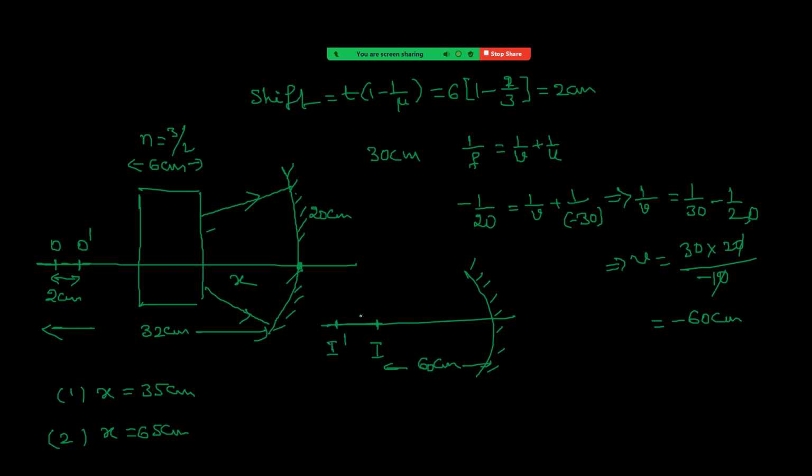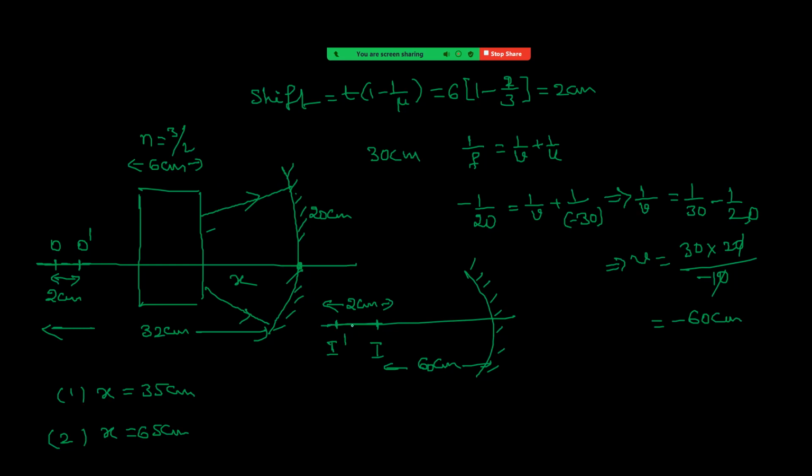So take it as I dash, and this shift is equal to 2 centimeter. That means finally the image will be real because of the converging beam. We have just discussed, right? If a converging beam falls on the slab, they will really converge, again at a distance of 62 centimeter from the mirror.